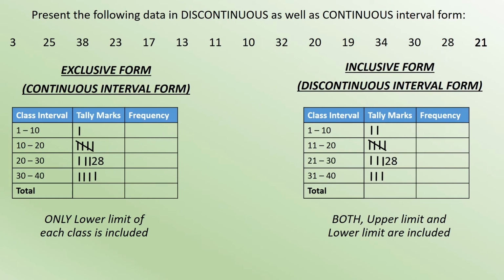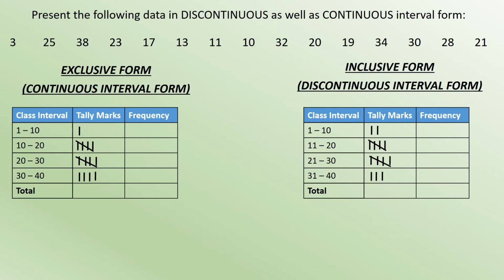This tallymarking for all the remaining numbers, that is 28, and now once we are done with the tallymarks of all the numbers, then we count the frequency for every class interval and then we add up all the frequencies.